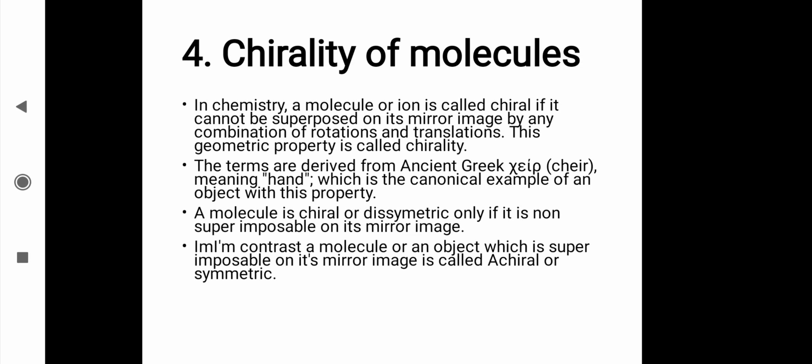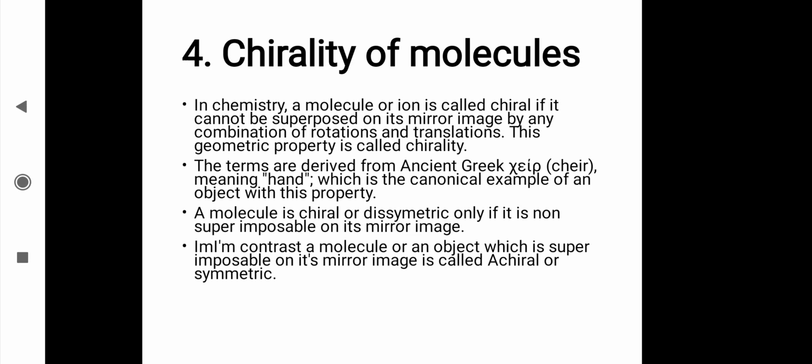Then move on to chirality of molecules. So in chemistry, a molecule or ion is called chiral if it cannot be superposed on its mirror image by any combination of rotations and translations. This geometric property is called chirality. So basically what this is trying to say is that when a carbon has four different groups of atoms attached to it, it exhibits chirality.